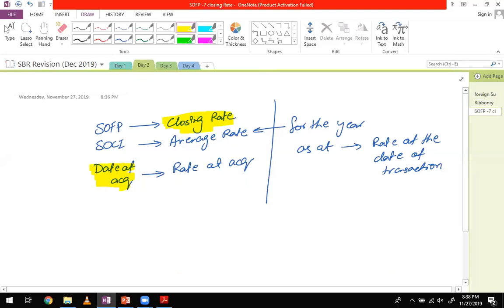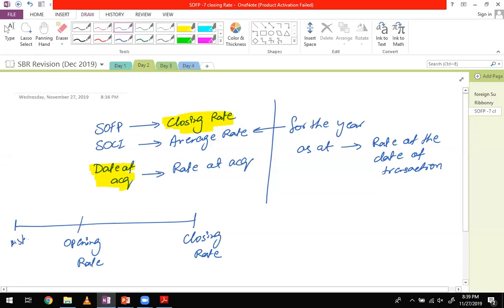Rahim is saying, is it okay to refer the rate at acquisition as the opening rate? Not exactly, Rahim. Opening rate means the rate at the start. Closing rate means the rate at the end. And in the question that we are solving right now, the subsidiary was acquired 2 years ago.